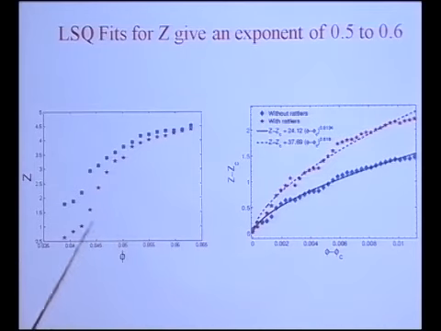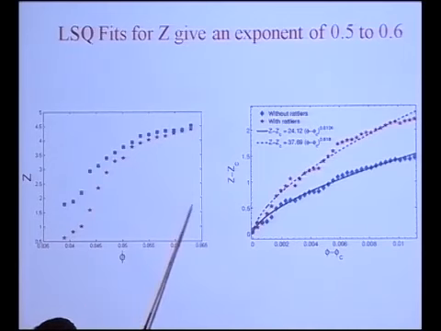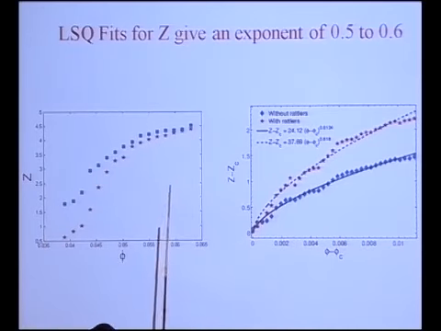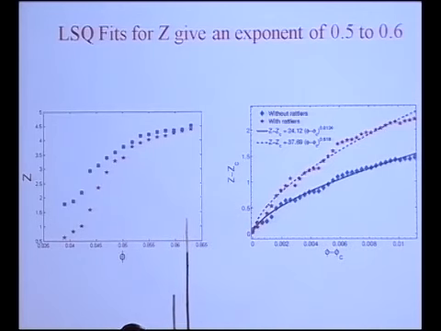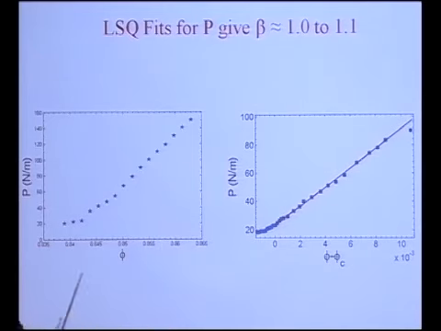So that's a Z, not an M. If you look as a function of phi, in these experiments, depending on whether you count rattlers or not, you see a relatively sharp rise in the mean contact number. And then if you zoom in on a finer scale, above some value which we think is the jamming transition value, you find a power law increase in Z, which is consistent with an exponent of a half.